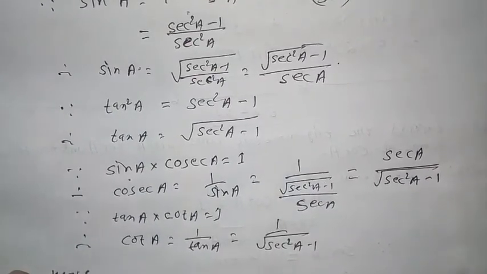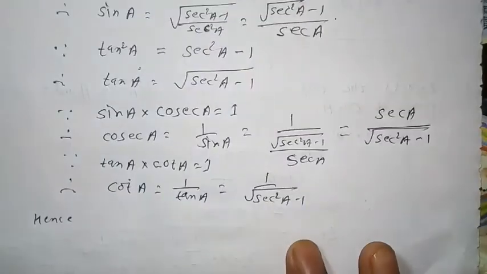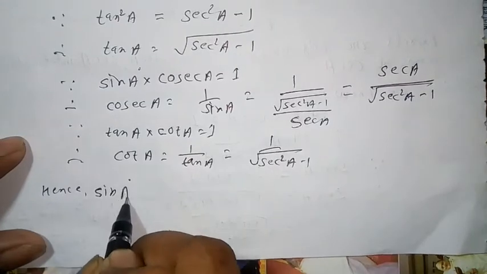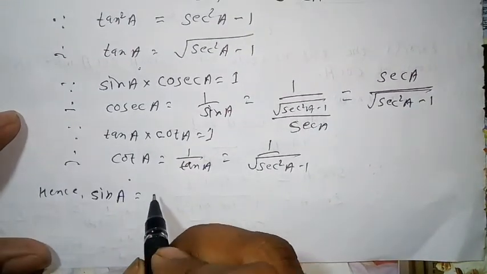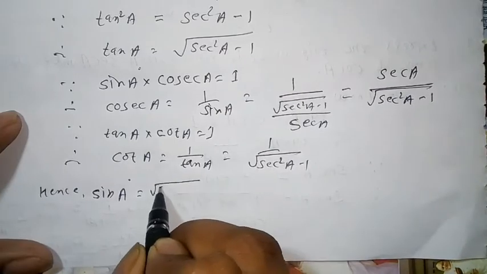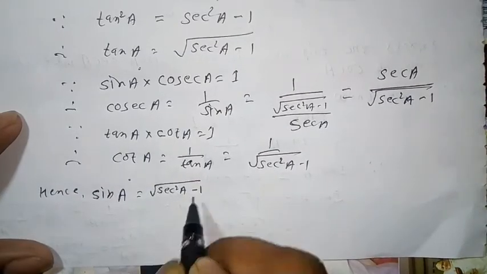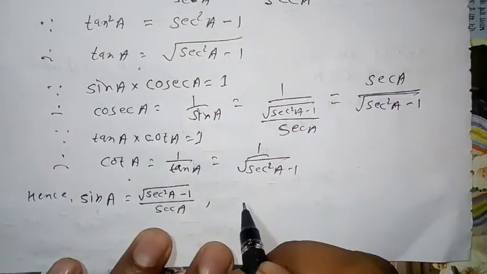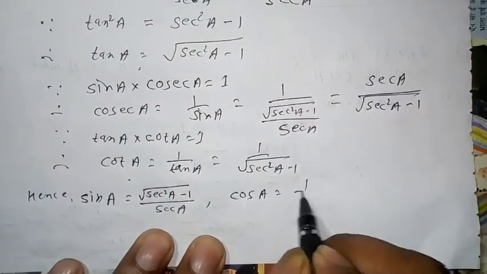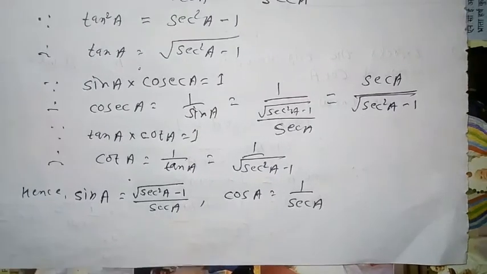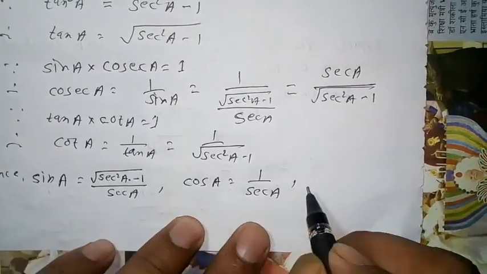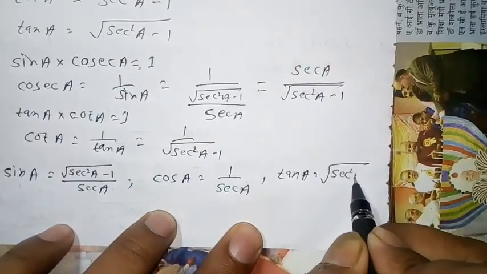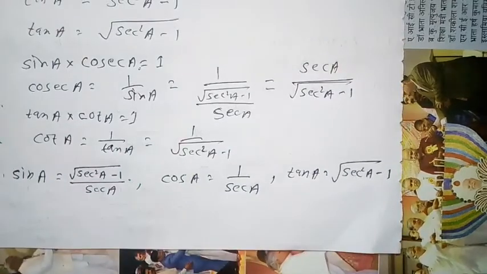Hence sin A is equal to root under sec square A minus 1 by sec A. Cos A is equal to 1 by sec A. Tan A is equal to root under sec square A minus 1.